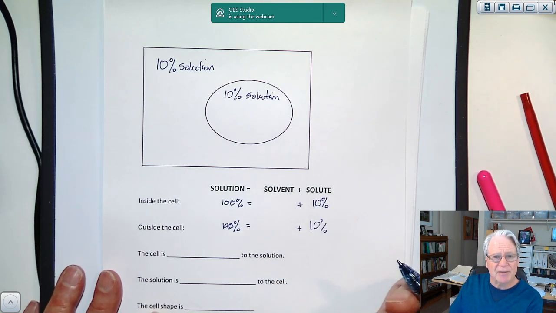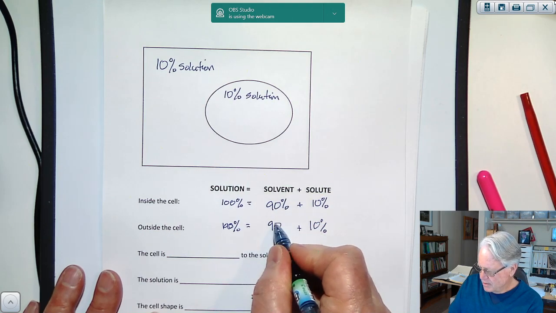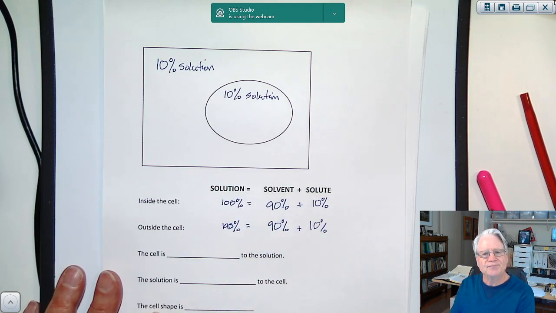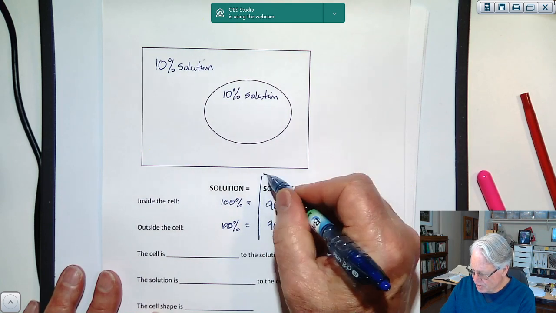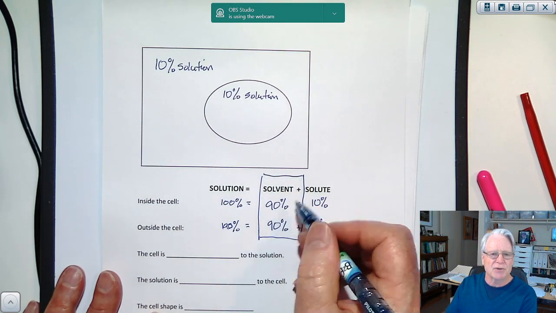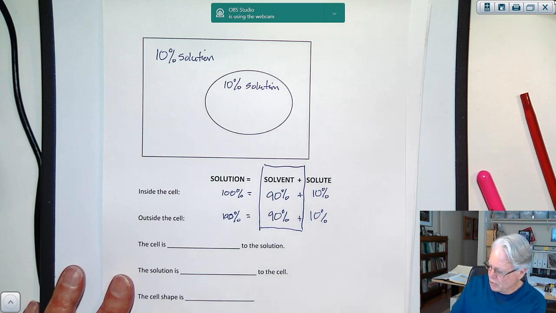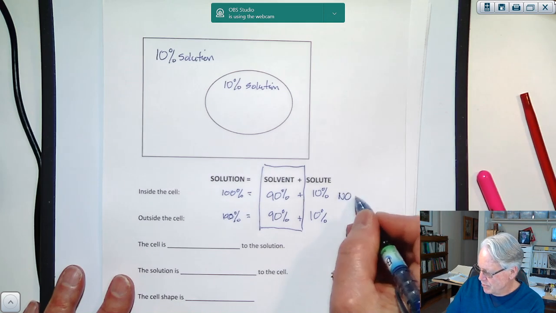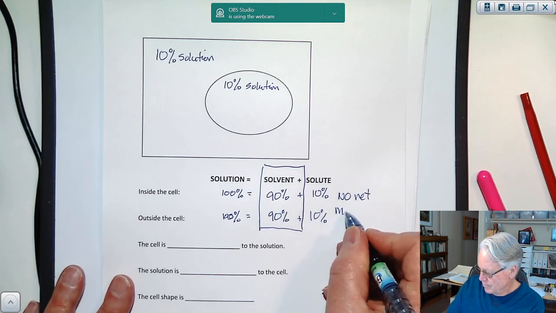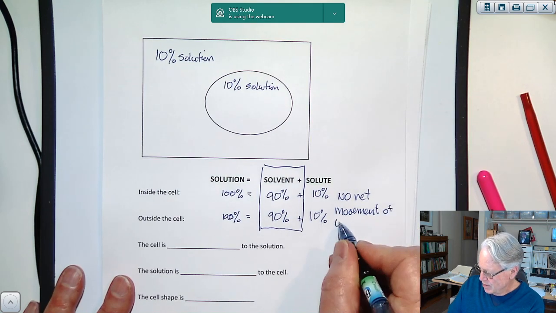And if I do my math correctly, that's 90%. 90%. Is there a difference in concentration? No, there's no difference in concentration. And so what we can say now is there's going to be no net movement of water. So no net movement of water.